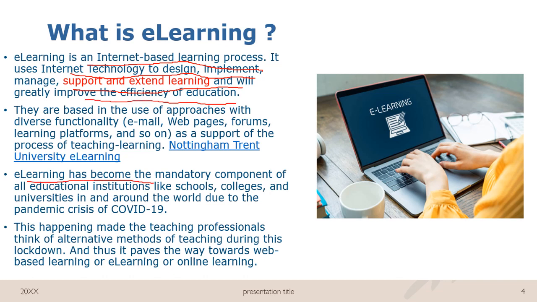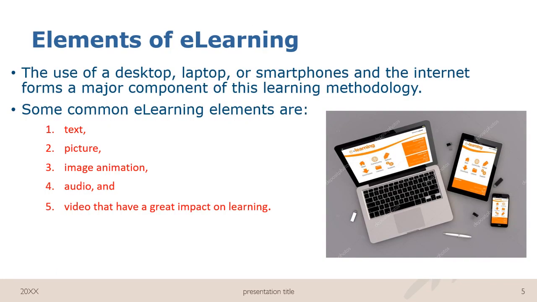E-learning has become the mandatory component of all educational institutions like schools, colleges, and universities in and around the world due to the pandemic crisis of COVID-19. This happening made the teaching professionals think of alternative methods of teaching during this lockdown, and thus it paves the way towards web-based or e-learning or online learning.